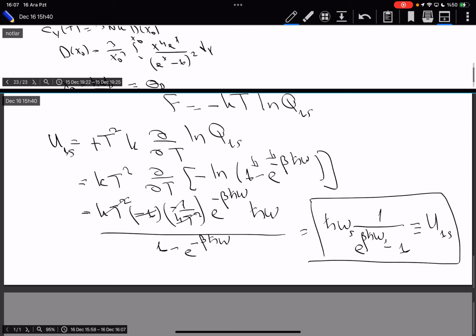So does this look familiar? You see that factor 1 over e to the power beta h bar omega minus 1. It should already remind you of something. And just a hint, we are looking at an ideal boson gas.